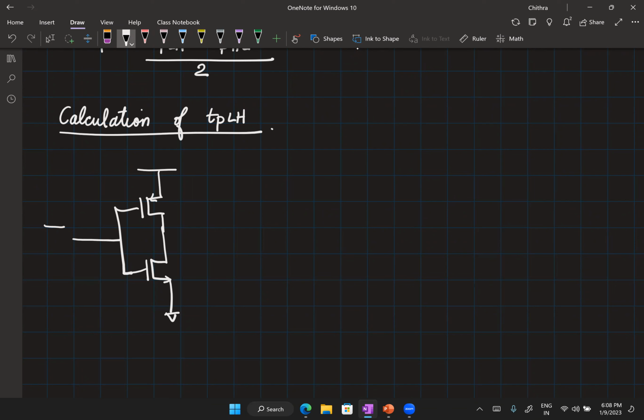I give a rising edge, I will get a falling edge at the output. Now I'm going to club all the capacitance at this output as some CL. Can you tell me what are the components that contribute to CL? Roughly, what constitutes CL? Why do I have a capacitance there?